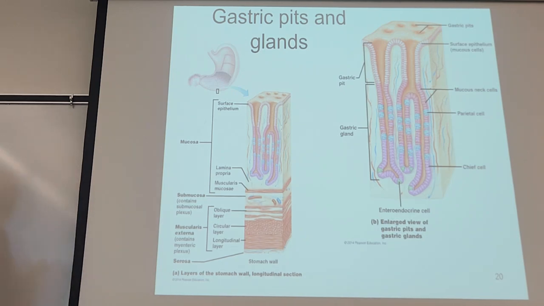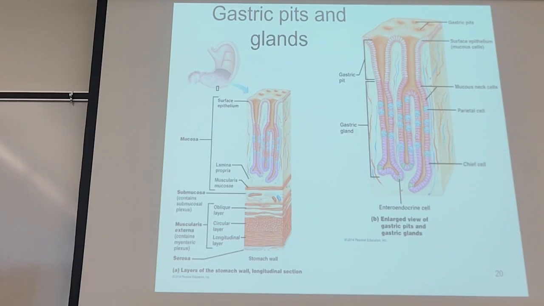But remember the villus model that you guys are looking at in lab, does the villus model have an oblique layer? Because that's small intestine. You only have oblique layer in the stomach. Okay, so that's why you don't see it on that model. You just see the inner circular and outer longitudinal layer on that model.